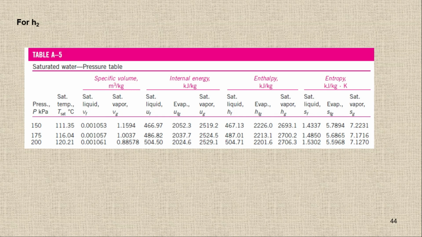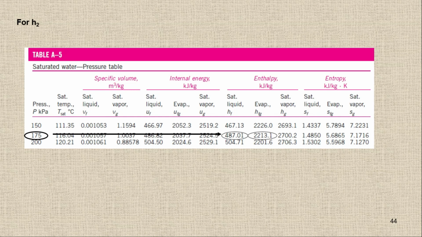Inside the dome, if the value of X is given, then H will be equal to HF plus X HFG. So at 175, I can check what is HF as well as HFG from here. These two values are mentioned on the top table. We have HF which is equal to 487.01 and HFG which is equal to 2213.1.